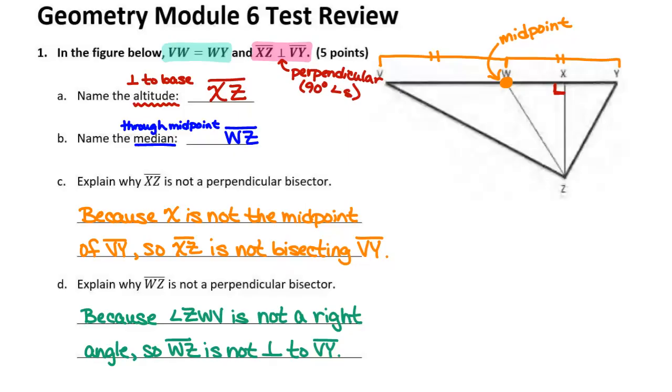We also talked about angle bisectors. So we talked about perpendicular bisectors, angle bisectors, altitudes, and medians. What does an angle bisector do? Yep, it cuts our angle in half. It cuts our angle into 2 smaller congruent angles.